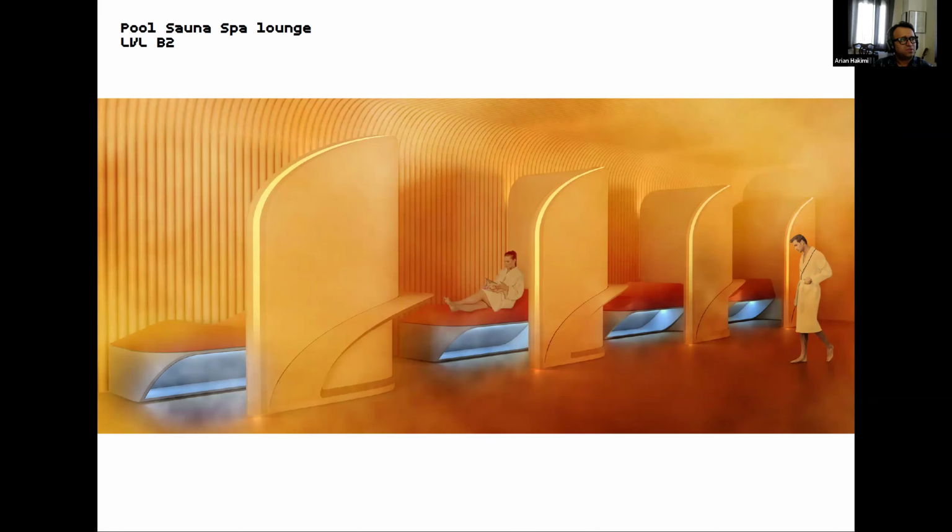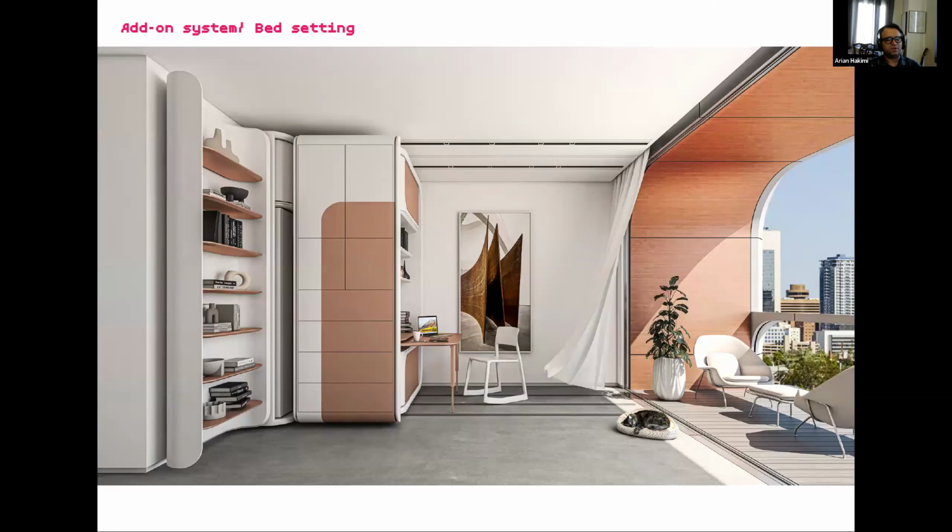So even for the sauna and the spa lounge, we designed these stations in such a way that, again, they resemble the entire design concept of the building. And this we proposed, this is also a very interesting topic to talk about.